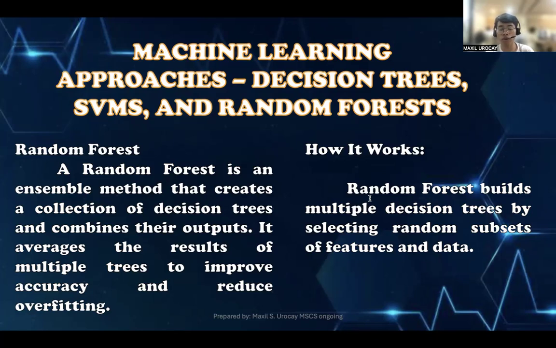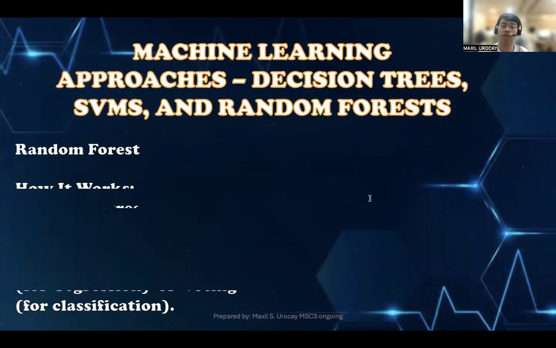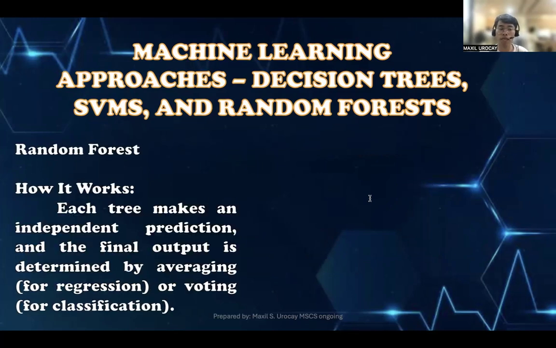For anaphora resolution, this approach would use several decision trees and analyze different features to make a more accurate prediction. Each tree makes an independent prediction, and the final output is determined by averaging for regression or voting for classification.